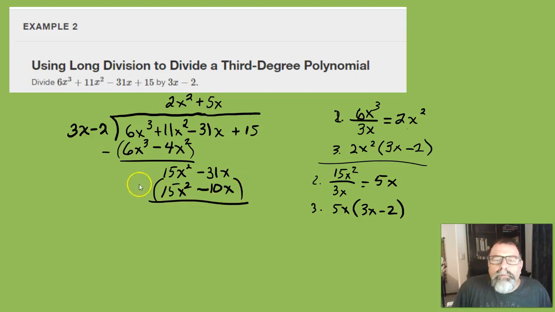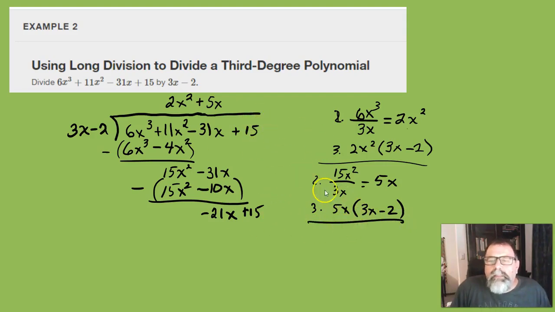Now we're going to subtract. 15x squared minus 15x squared is 0. Negative 31x minus a minus, so again that's plus. So negative 31 plus 10 would be negative 21x. Bring down the next term, and then we've got to do another loop.